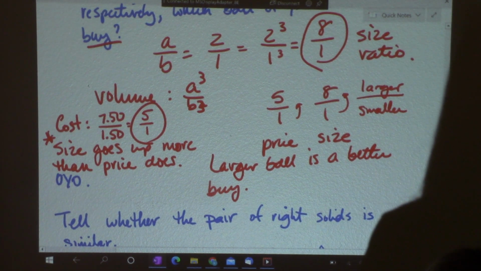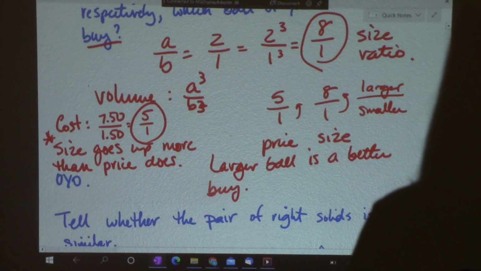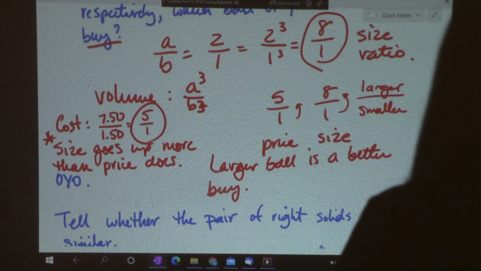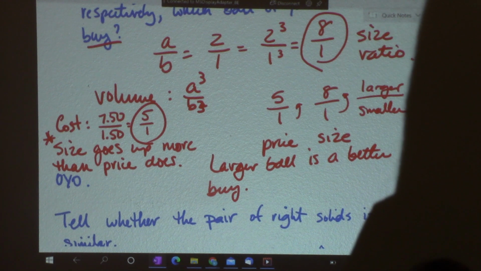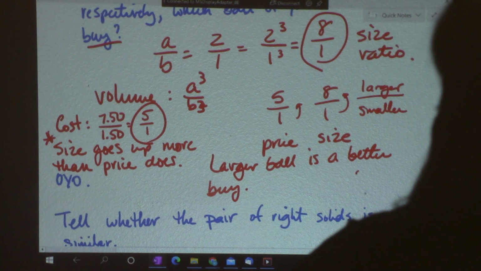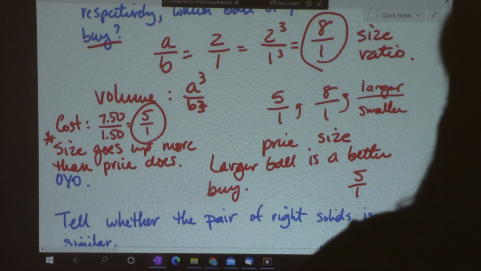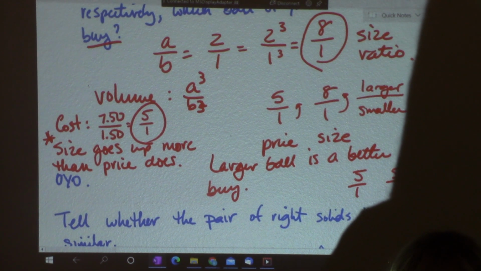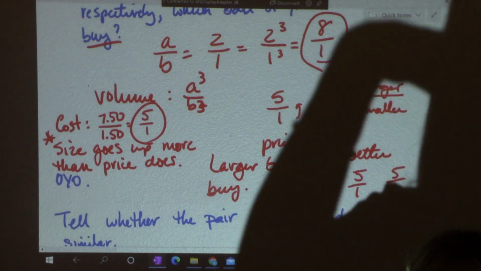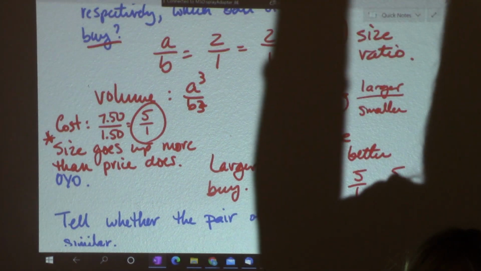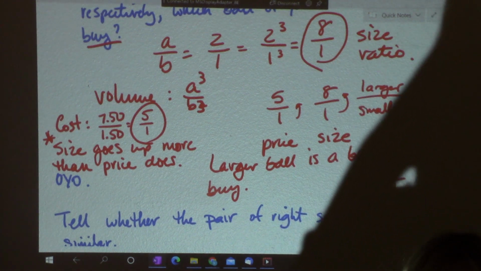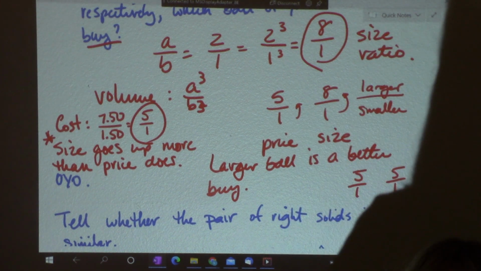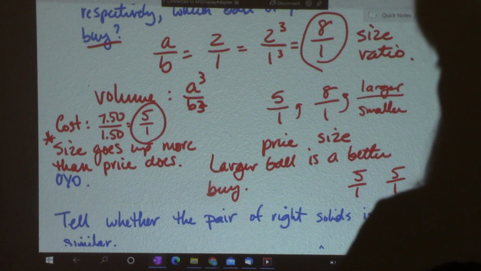Now, I just want to say something because this is going to come into play for your OYOs. If the ratios for the cost and the volume were the same, neither one would be a better buy. So if my price went up 5 to 1 and my volume went up 5 to 1, that means both ratios increased 5 times. So the ratio doesn't change. You could reduce it down to the same thing, okay?